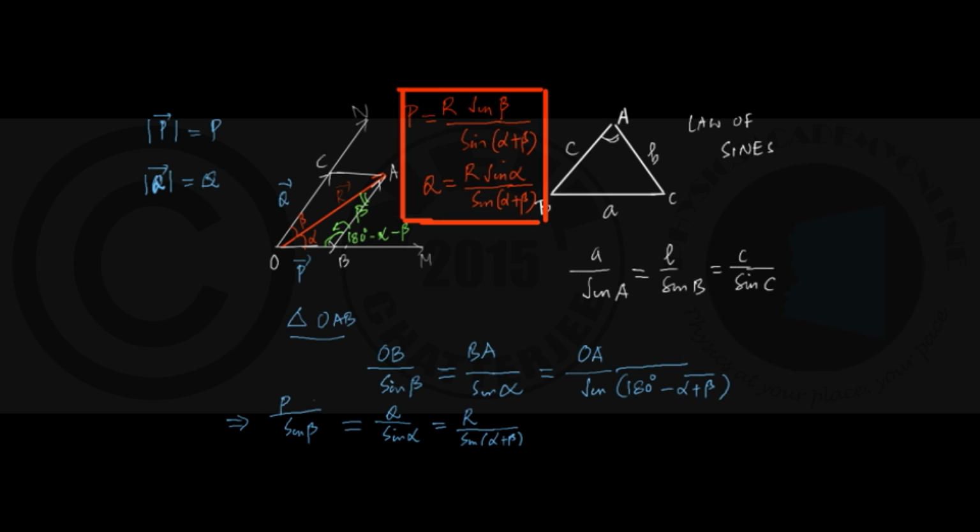I shall give here a quick problem for you that you should solve yourself. Let me give a problem for you here. Suppose it is given that R is equal to 10 Newton, and alpha is equal to 45 degree and beta is equal to 60 degree.